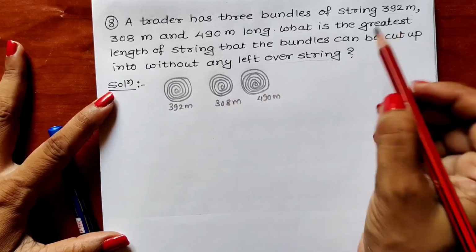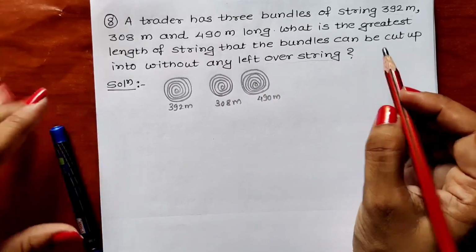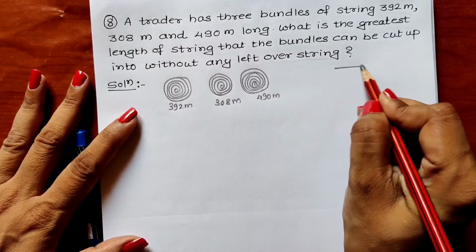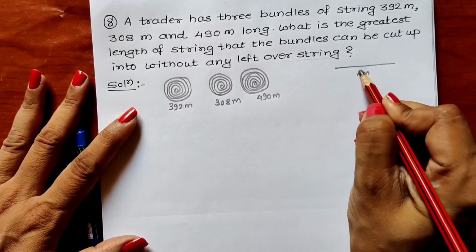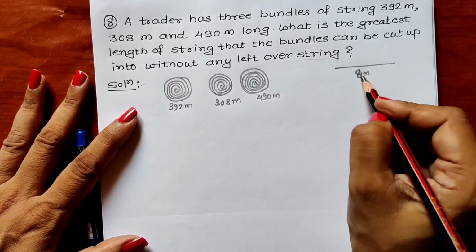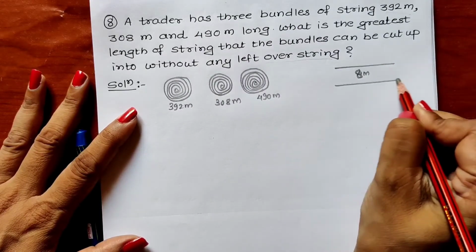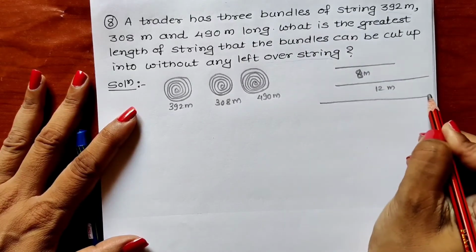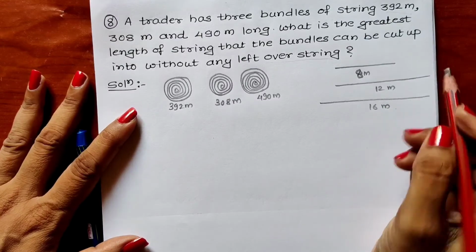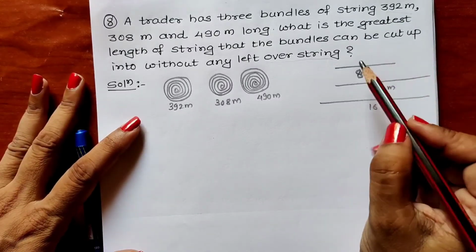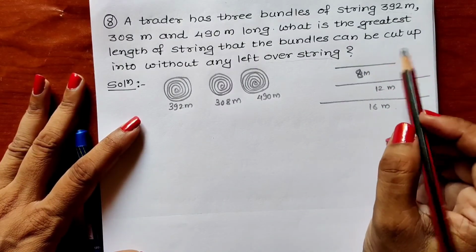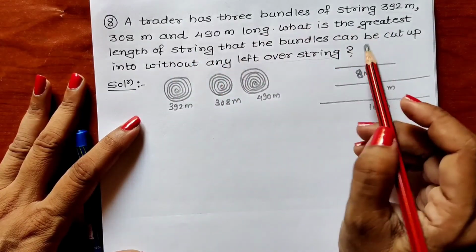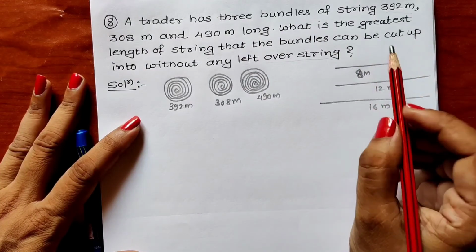For example, if I am having small pieces, example I am giving you, if I have a piece of 8 meter long string, if I have 12 meter long string, if I have 16 meter long string, and if I tell you to divide this string into small pieces, but we have to see that the greatest length of equal piece should be there.